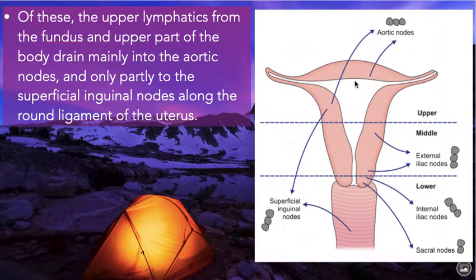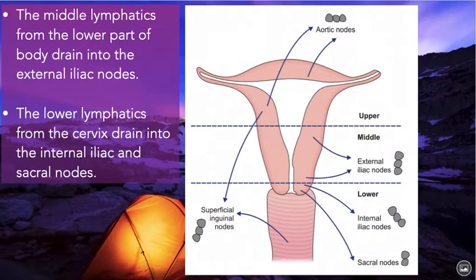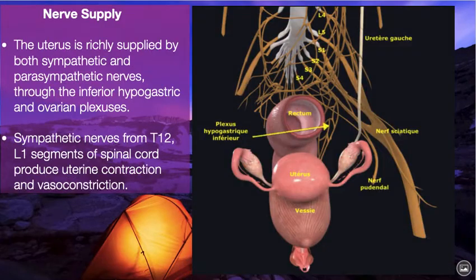Of these, the upper lymphatics from the fundus and the upper part of the body mainly drain into the aortic nodes and only partly to the superficial inguinal nodes along the round ligament of the uterus. The middle lymphatics from the lower part of the body drain into the external iliac nodes. The lower lymphatics from the cervix drain into the internal iliac nodes and the sacral nodes.